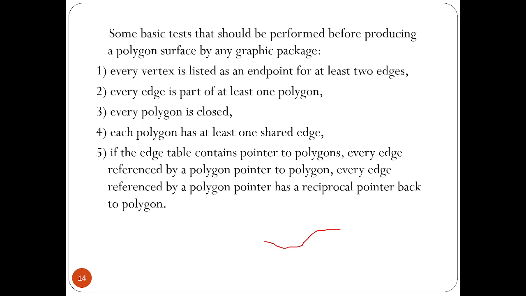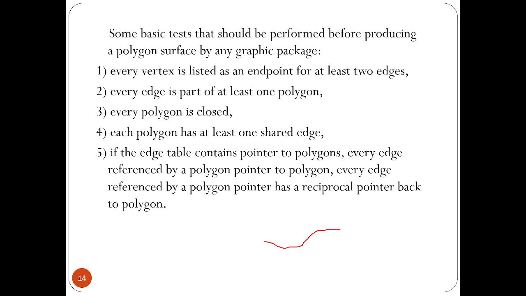Some basic tests should be performed before producing a polygon surface by any graphics package. Every vertex is listed as an endpoint for at least two edges. Every edge is part of at least one polygon. Every polygon is closed. Each polygon has at least one shared edge.